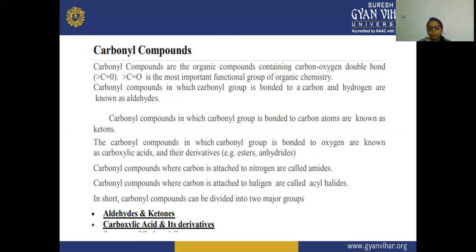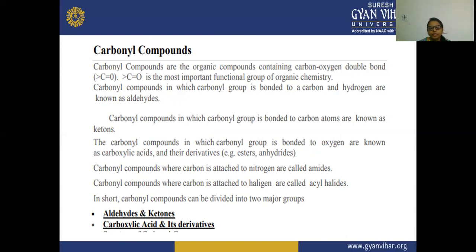So the carbonyl compounds where carbon is attached to nitrogen: if the carbon is attached to nitrogen on one side and the other side is attached to an alkyl group, then it is an amide. And if the carbon of the carbonyl compound is attached to a halogen, it is called an acyl halide.